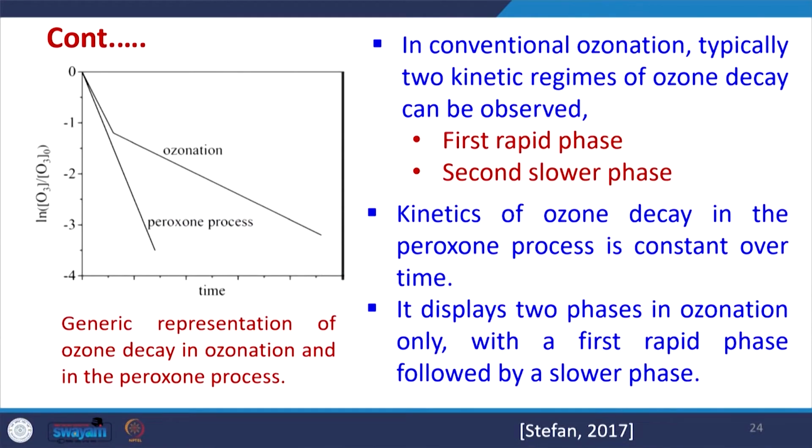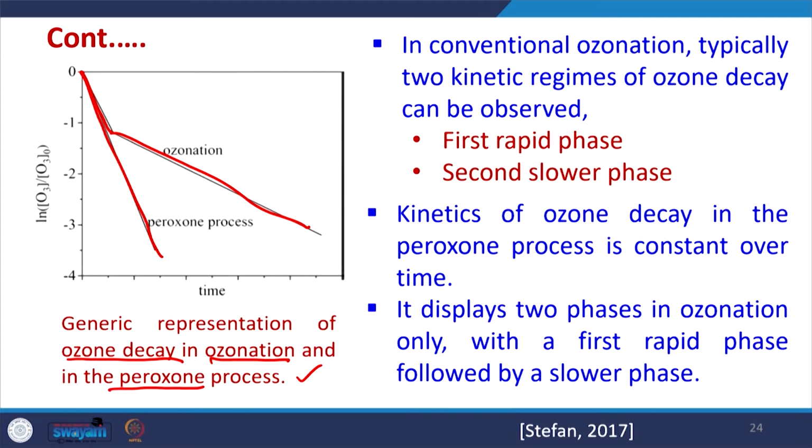In conventional ozonation, typically two kinetic regimes of ozone decay are observed. This is the representation of ozone decay in ozonation as well as in the Peroxone process. In conventional ozonation, the first rapid step is there, then there is a slower second step, whereas in the Peroxone process there will be a single step degradation only.